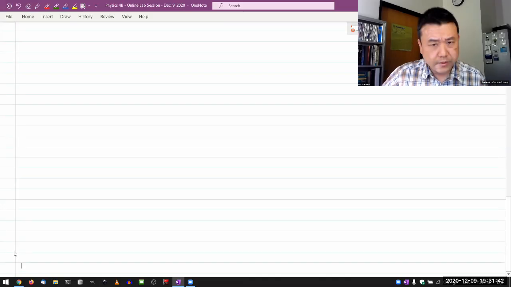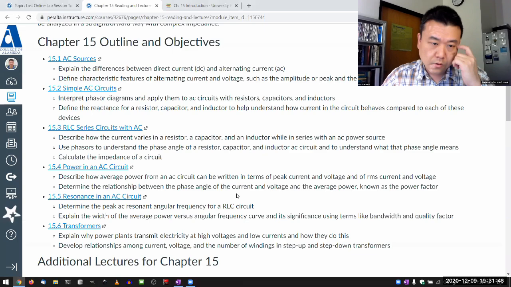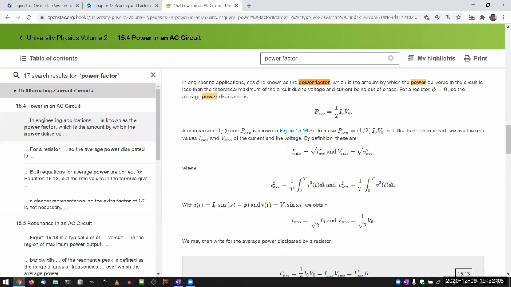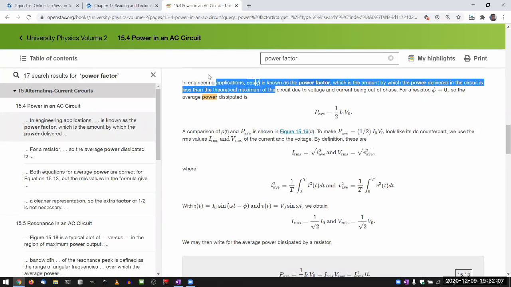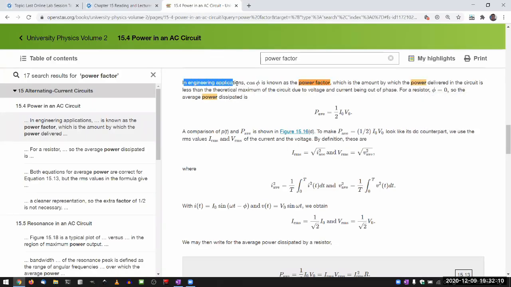Where I want to end in about 30 minutes is a discussion of something called the power factor. I think your textbook also talks about it. This is something to be aware of in engineering applications, particularly in industrial settings where people are running, let's say, large motors. You're driving inductive loads that require large amounts of current.